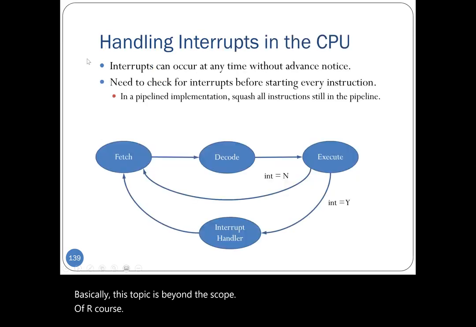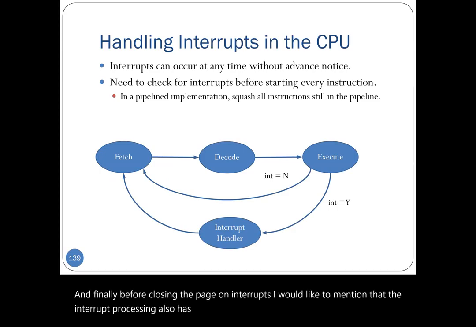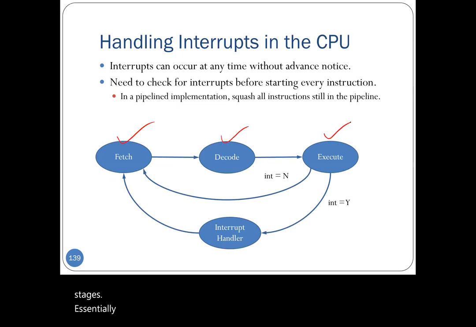And finally, before closing the page on interrupts, I would like to mention that the interrupt processing also has implications on our pipeline. So imagine that we have a simple three-stage pipeline that has fetch, decode, and execute stages. Essentially, interrupts can occur at any time. And let's say we are executing a user process in this pipeline.